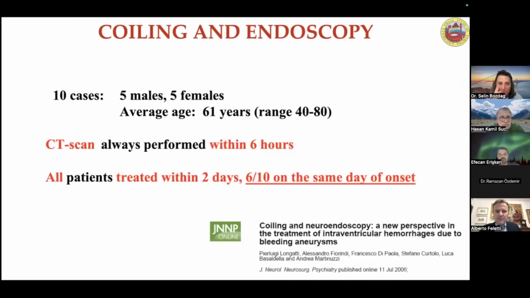You can couple this technique with other techniques, depending on the origin of the intraventricular hemorrhage. For example, in cases of a ruptured aneurysm, you can treat the aneurysm. Of course, you have to treat the aneurysm first with coiling, for example, and then perform neuroendoscopy.